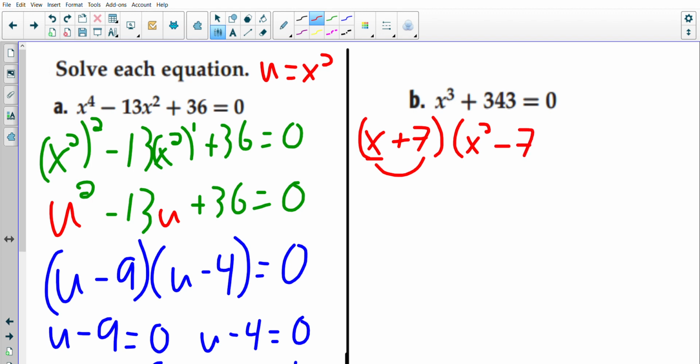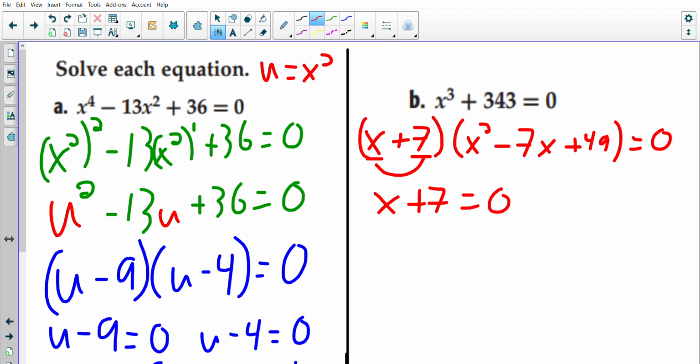Minus 7x. Square the last one, plus 49 is equal to 0. Okay, well, the first one, x plus 7 equals 0. Well, that's easy. So I get x is equal to negative 7. Now the second one, you can never factor the second part of a difference or sum of cubes, so you have to use the quadratic formula.